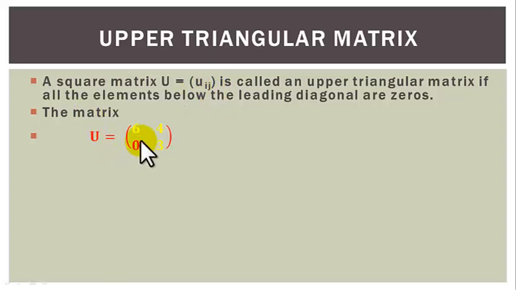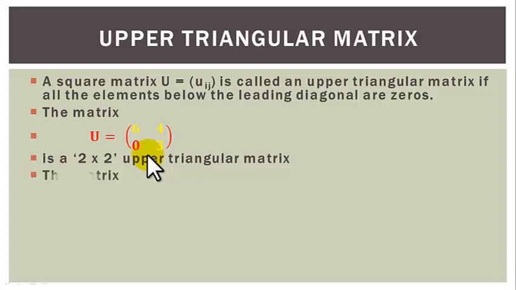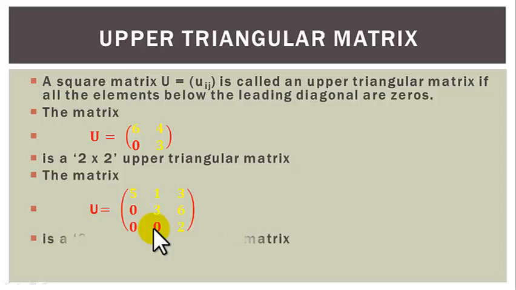U equals [6 4; 0 3]. This is the leading diagonal. You can see that the element below this diagonal is 0. So this is a 2 by 2 upper triangular matrix. Also, this matrix U is a 3 by 3 upper triangular matrix.